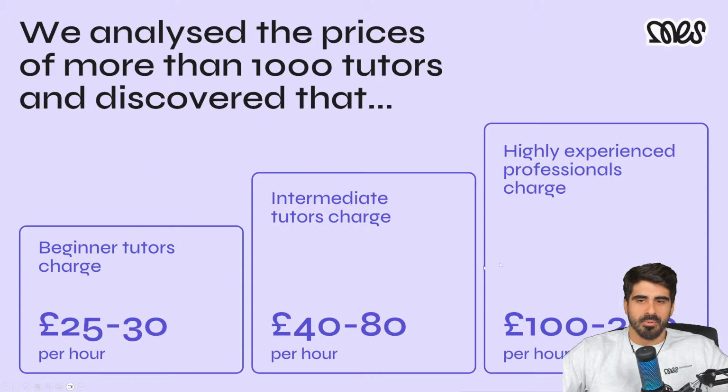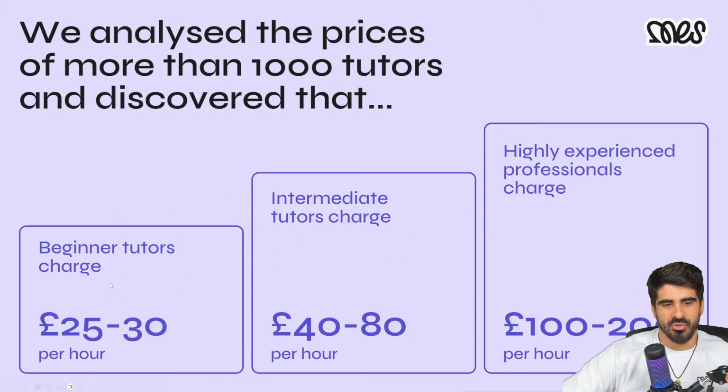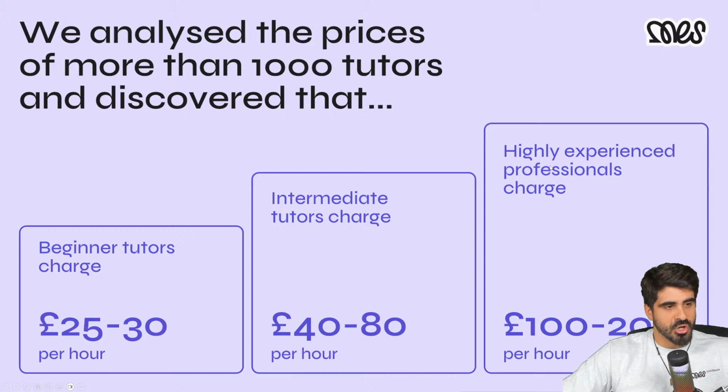These are like average prices you could see from traditional tutors. Like a beginning tutor who's just got into the game, maybe like a university student or something, they'll charge maybe 25 to 30 pounds an hour. An intermediate tutor who's been tutoring for a couple of years, maybe between 40 and 80 pounds an hour. Then a highly experienced professional, like a qualified teacher who's gone to a top uni, great track record for results, 100 to 200 pounds per hour.